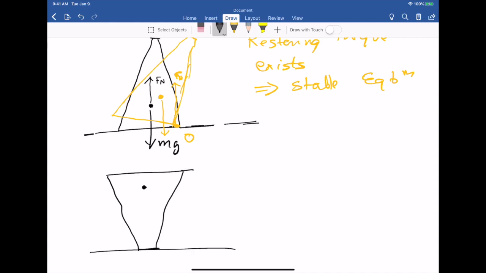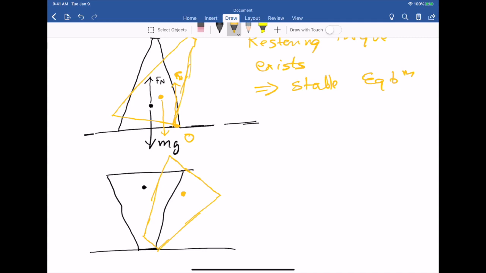Suppose I tilt this object a little bit. So let me see if I can draw this. I've tilted it, so now the base looks like this. It's exactly the same object. So the center of mass has now moved somewhere over here, right?